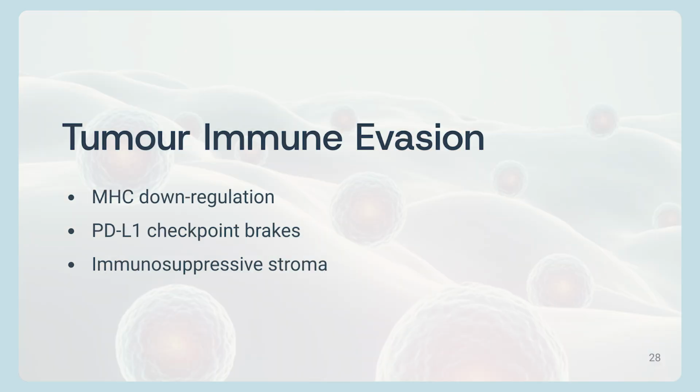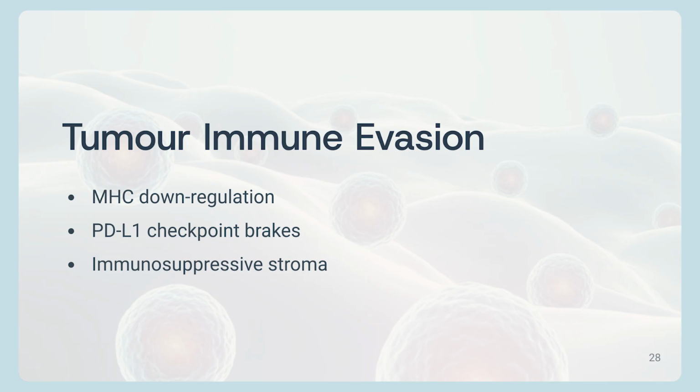Unfortunately, cancer cells have evolved clever strategies to evade your immune system. One common trick is downregulating MHC molecules. They reduce the presentation of tumor antigens. When they do that, cancer cells become harder for T cells to detect. Cancer cells also produce immunosuppressive molecules like PDL1.